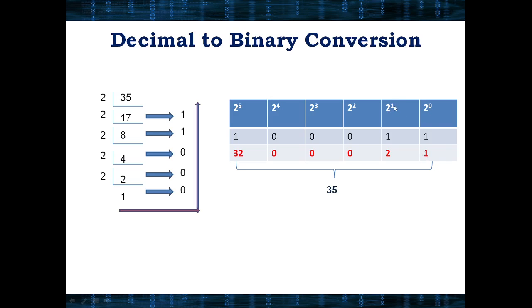Then 2 to the power 1 into 1, so 2 to the power 1 is nothing but 2. Then here 0, just ignore these values. Wherever 1, the next one is in 2 to the power 5. So 2 to the power 5 is nothing but 32. So 32 plus 2, that is 34. 34 plus 1, that is 35. So that is how to convert decimal to binary format.